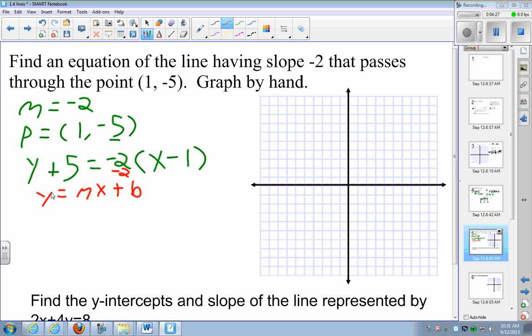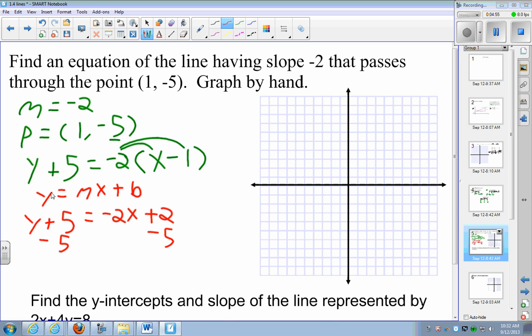But first, let's distribute this -2 to the x and -1. We'll get y plus 5 is equal to -2x plus 2. And we just subtract our 5 over to get y by itself.